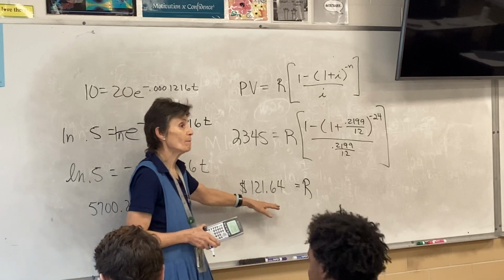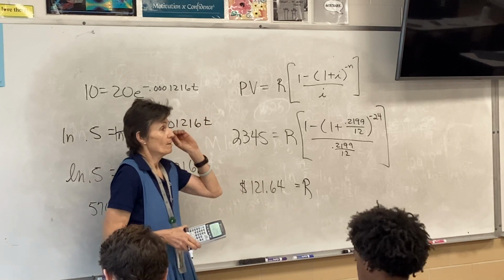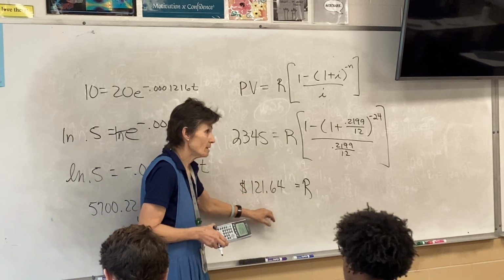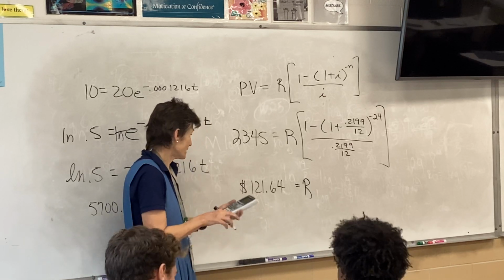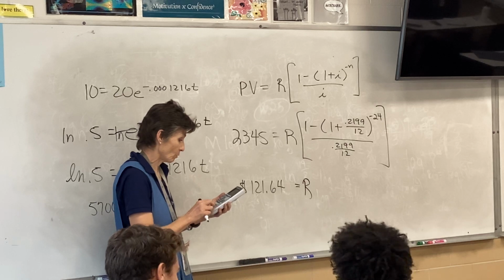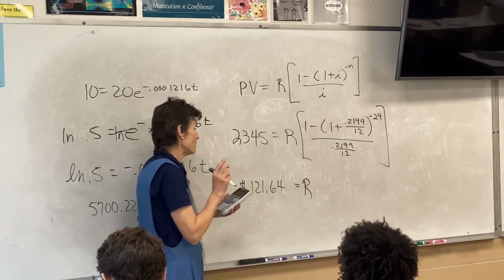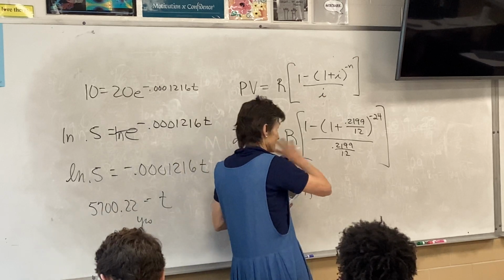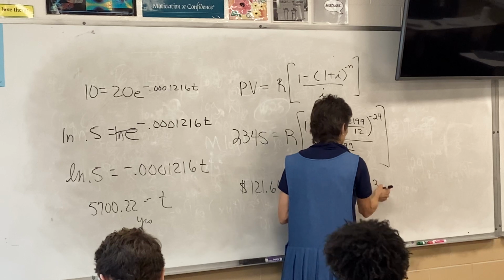All right, so this is how much the monthly payment is. So, this is how much he's gonna pay 24 times. Agreed? So I'm gonna take 121.64 times 24, and that means that to get this thing paid off, I'm paying 2919.36.